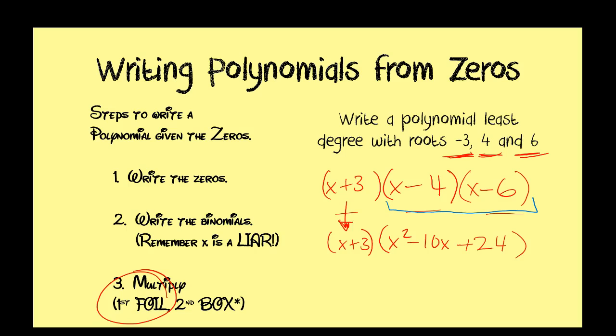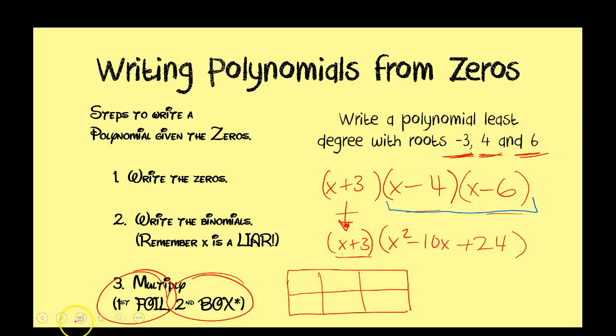Now what you have to do is multiply those 2. In order to multiply those 2, you're going to have to use a box. And the way you do this is that the height of the box will be determined by how many terms are in the smallest binomial, which is 2, this x plus 3.